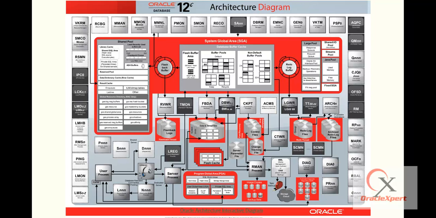CTWR maintains a ready list of blocks which could be referred to by their addresses during the next incremental backups, and only those blocks are then read by RMAN during the backup, fast incremental backup of a given data file or for the entire database.